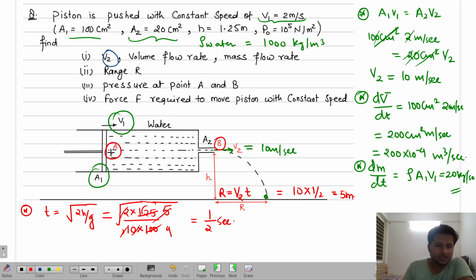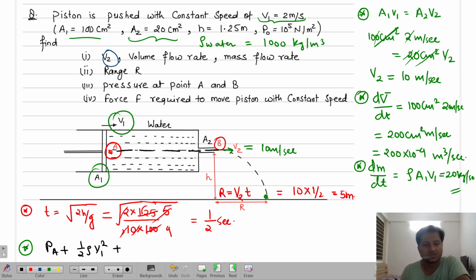Similarly, whenever there is a fluid flowing, you can't apply the normal equation of pressure and find the answer. You just apply Bernoulli's theorem at these 2 points. So applying Bernoulli's theorem at these 2 points, simple. What will I get? Pressure at A plus half rho v1 square, plus, if I consider this as my reference point, the potential energy will become zero, because both of them are at the same height from the ground.